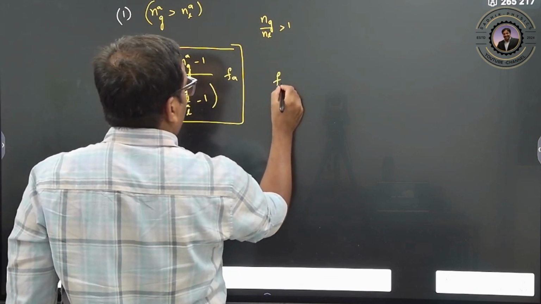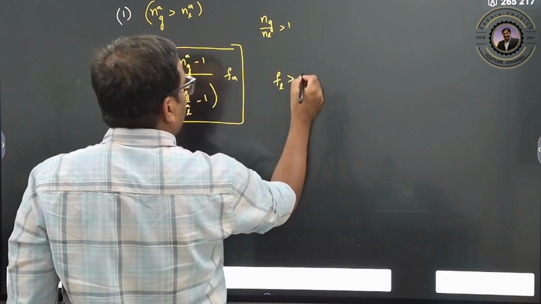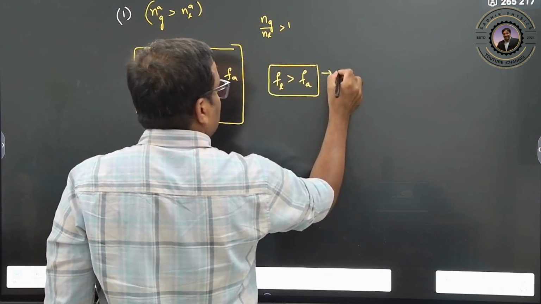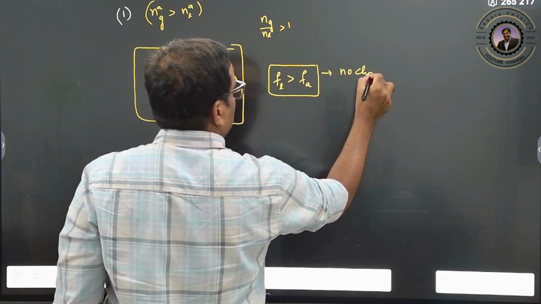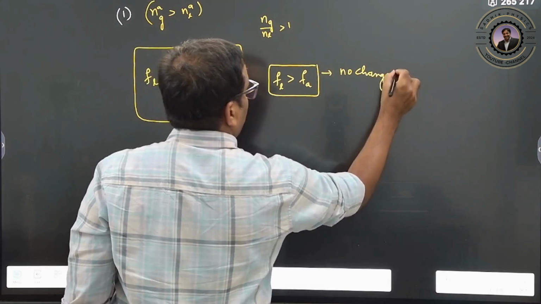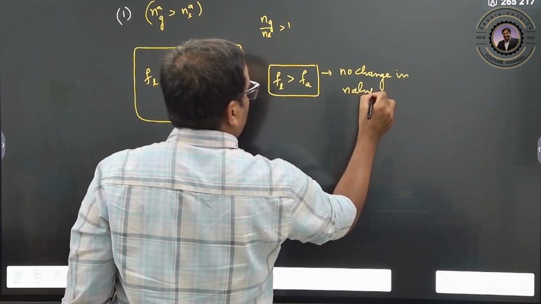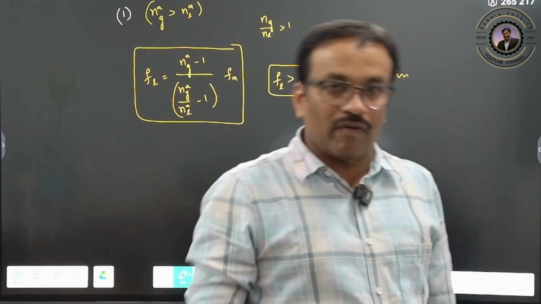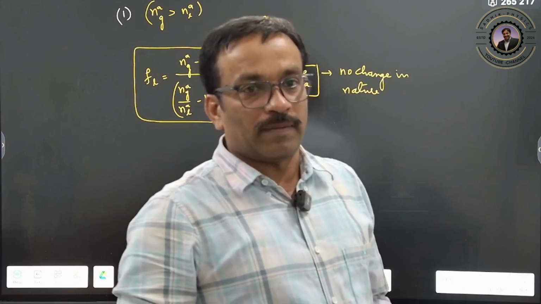Therefore focal length of the lens in the liquid will be greater than focal length in the air, without changing in nature, no change in nature. Meaning if you are immersing the convex lens, it will act like a convex lens only, like a converging lens only, right?